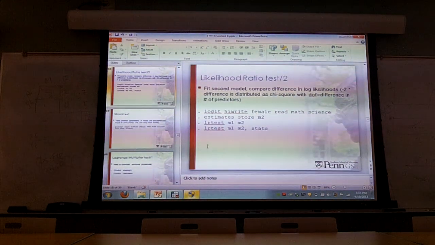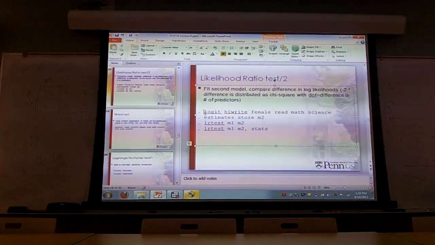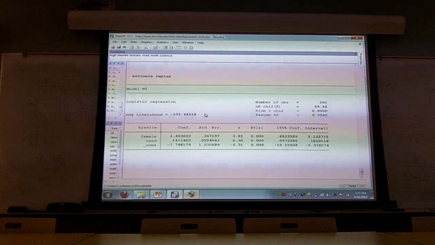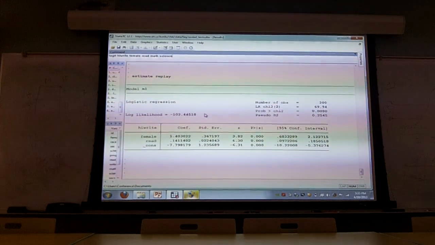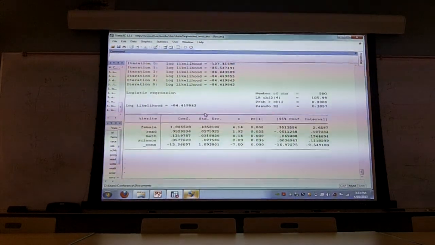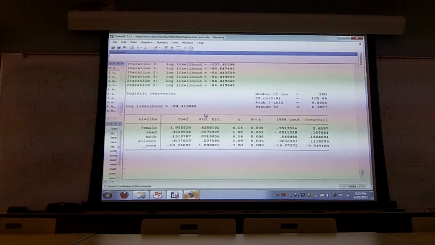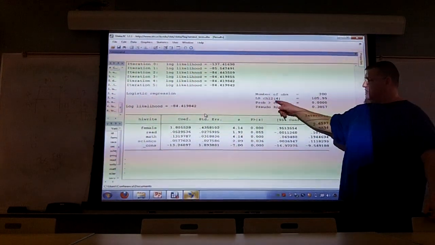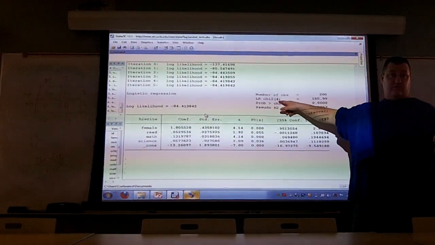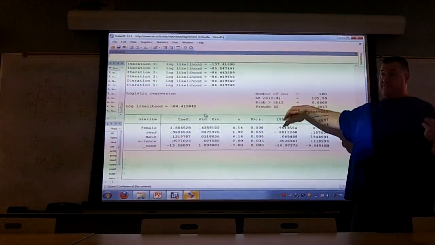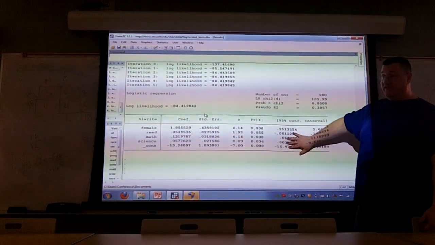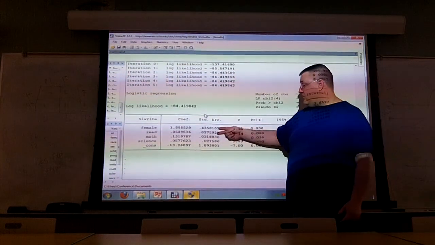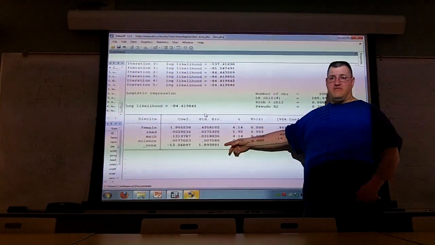So here's what I want to do. I'm going to fit another model. But with this model, instead of just having female and read, I'm going to include math and science scores too. So this chi-square is going to be based on 4 degrees of freedom, where the previous one was only based on 2. The first model that we fit is nested within this model because it contains all of the components of that first model.